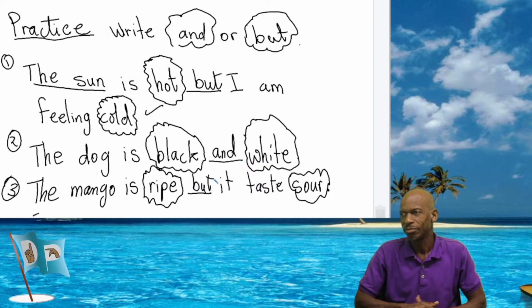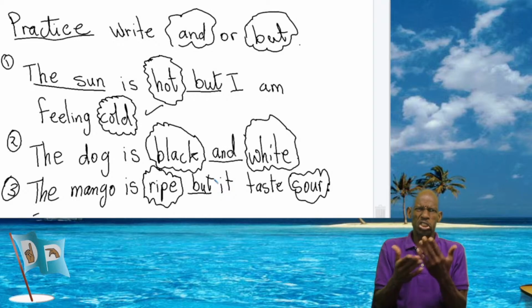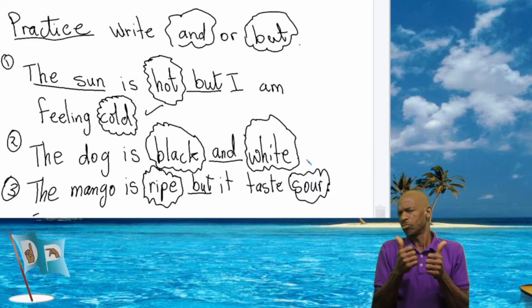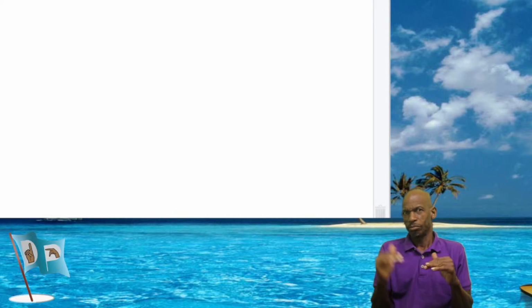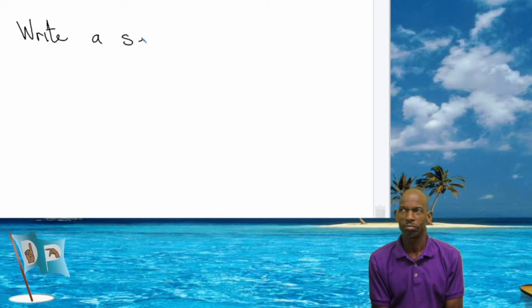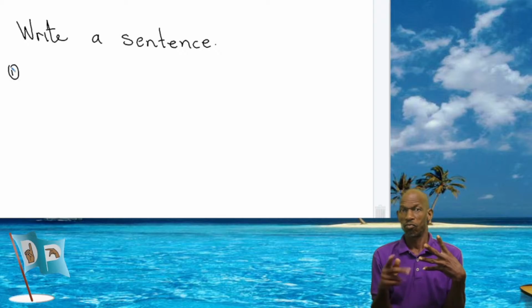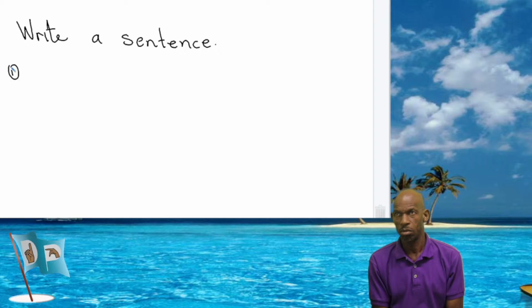Now, I want to give some people some challenge. You can realize it is easy, and I am so happy, so I can move on to the next level. All right. So I want you to write a sentence for me. How many people do I have here? 4 persons.